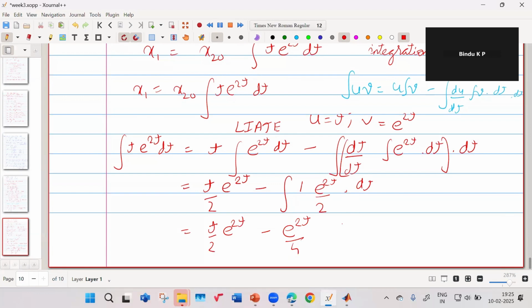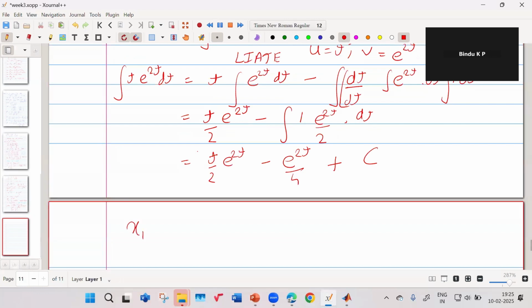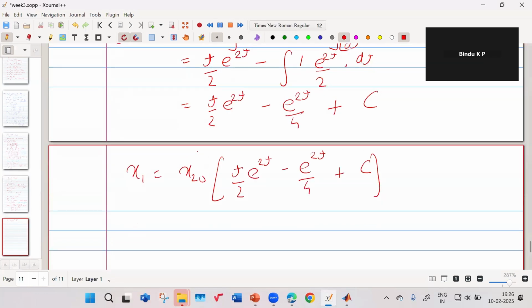And we must also consider a constant of integration, c. So our x1 is actually x2(0) into t by 2 e to the power 2t minus e to the power 2t upon 4, plus c. Now let us consider time t equal to 0.